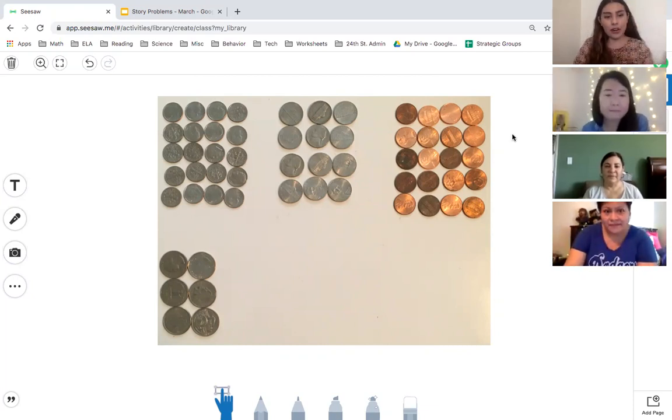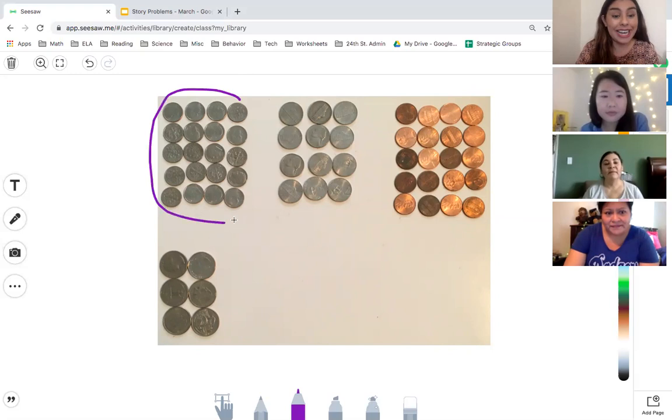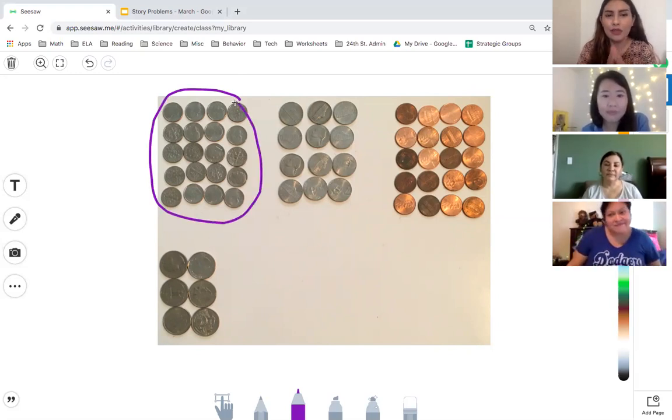So right here, I have all of my coins and I already grouped them. So I'm just going to put a circle around them to show the groups a little bit more clearly. I'm going to use the color purple. That's a beautiful color. And so I'm going to show all of my dimes. Miss Rosales, what's the value of a dime? 10 cents. 10 cents, right?